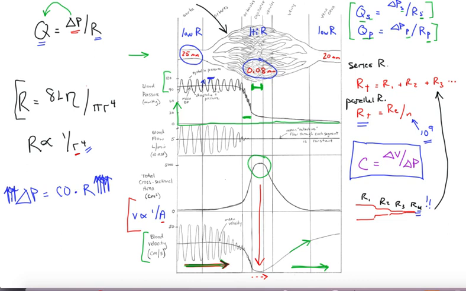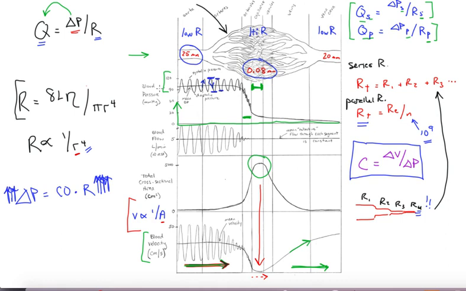It would be higher if it didn't distend at all. But then watch this: when we're not ejecting blood, the vessel will recoil, which keeps the pressure higher. So a little bit of distension at the top end keeps the pressure from going too high. Recoil at the bottom keeps the pressure from going too low. And so it reduces the pulse pressure of the vessel, this elasticity, the low compliance. And that's a good thing.